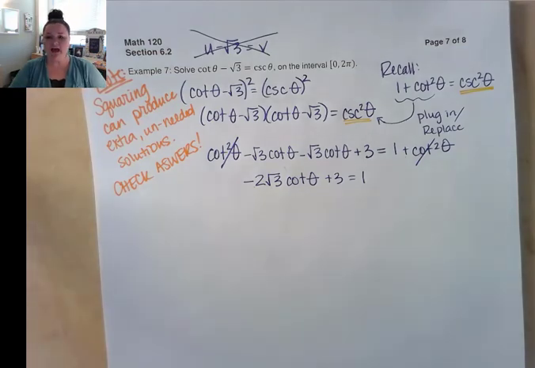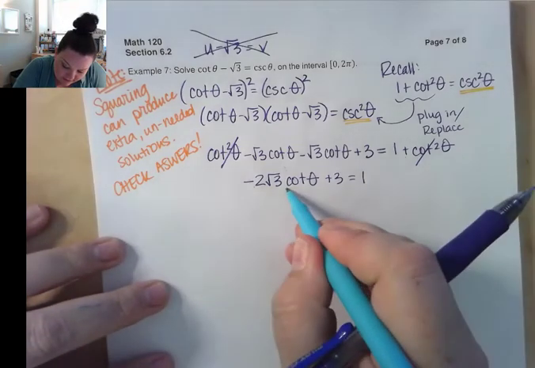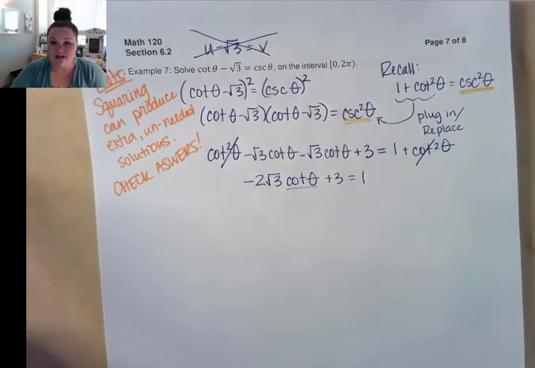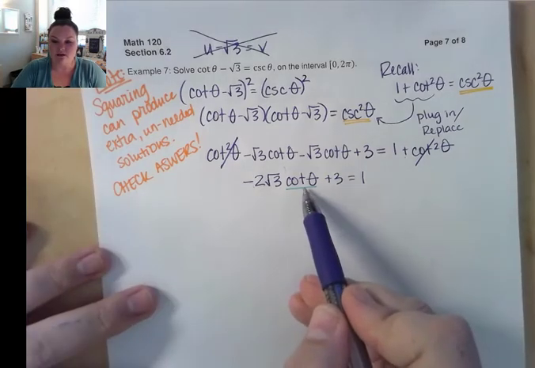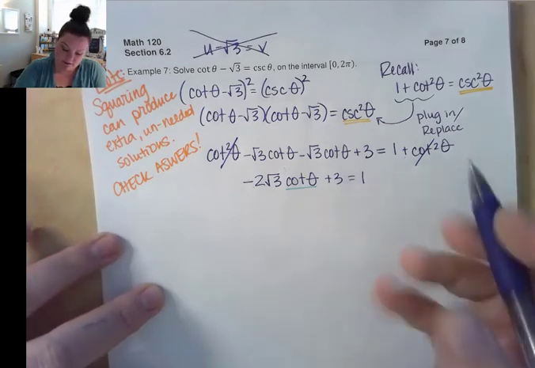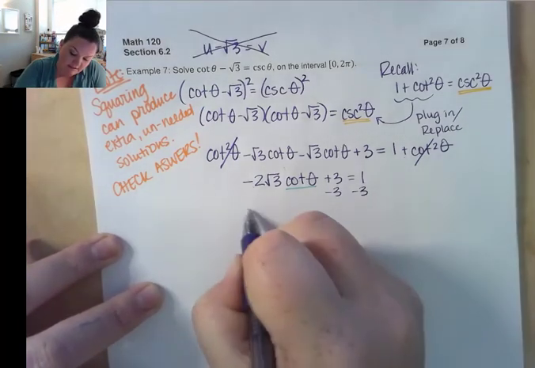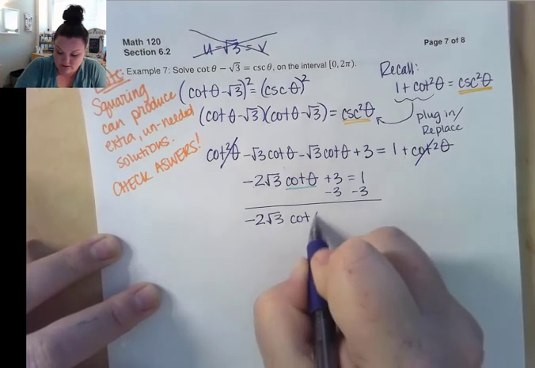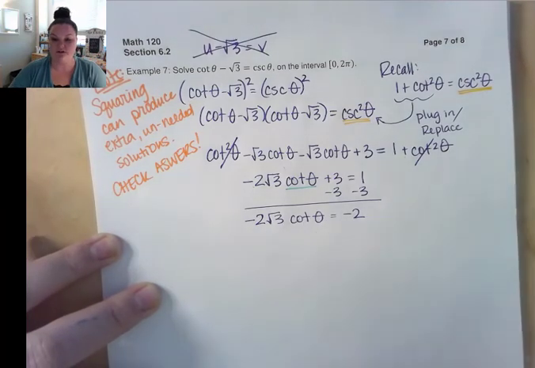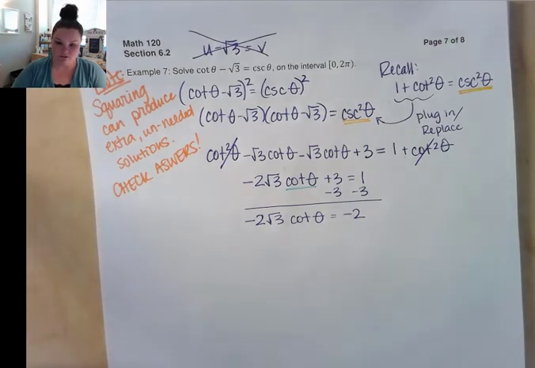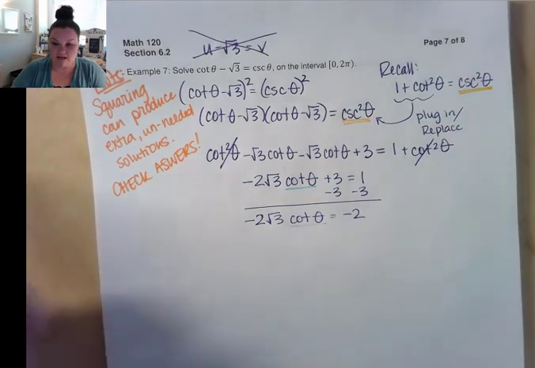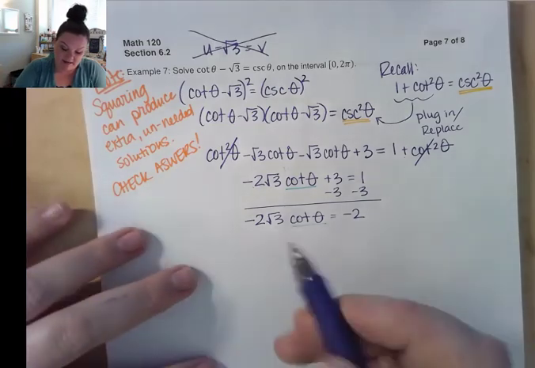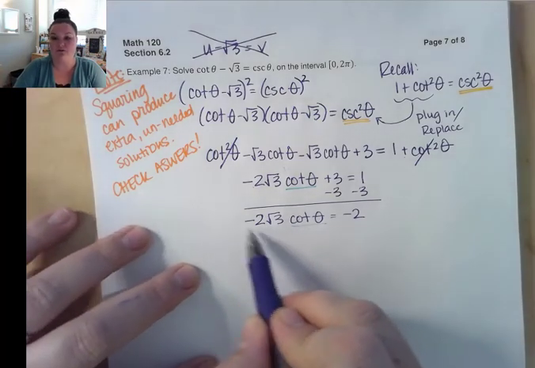Since I only have one little trig function here, I can just solve for that trig function. To solve for it, the first thing I want to do is get rid of this extra term, so I'm going to subtract 3 from both sides. So I have negative 2 square root of 3 cotangent theta is equal to negative 2. And then again, remember we're solving for cotangent theta, so to get it by itself, I now need to get rid of this negative 2 square root of 3.